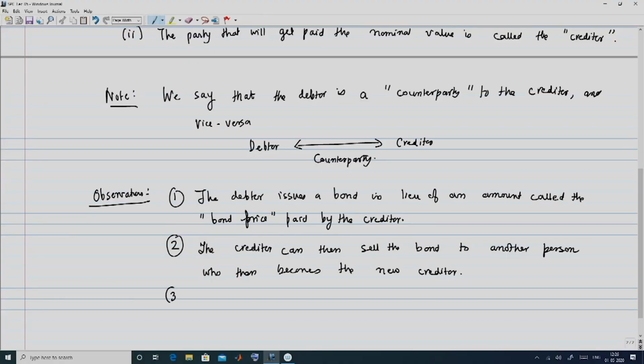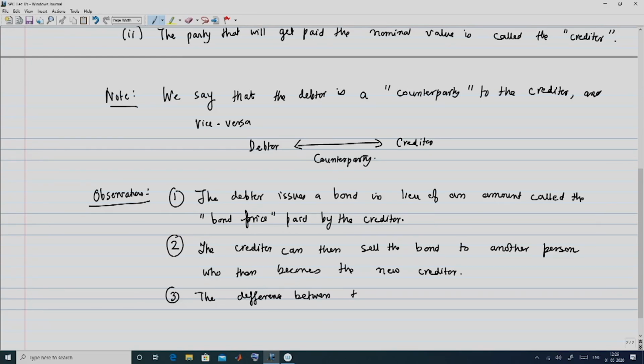Then after 2 years I might sell the bond for 120 to some party B. So, that means that party B will pay me 120, and then I basically give them this document for the bond and inform party A that they do not need to pay me the nominal value or the face value, but instead they need to pay this to party B. So, in that case, instead of me, under this arrangement, party B now becomes the creditor or the counterparty to the debtor.